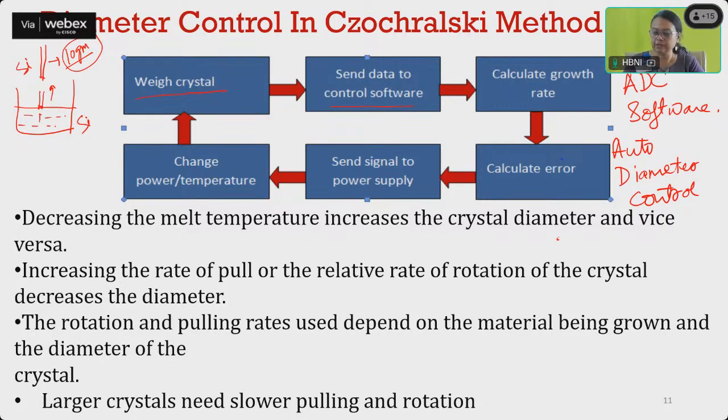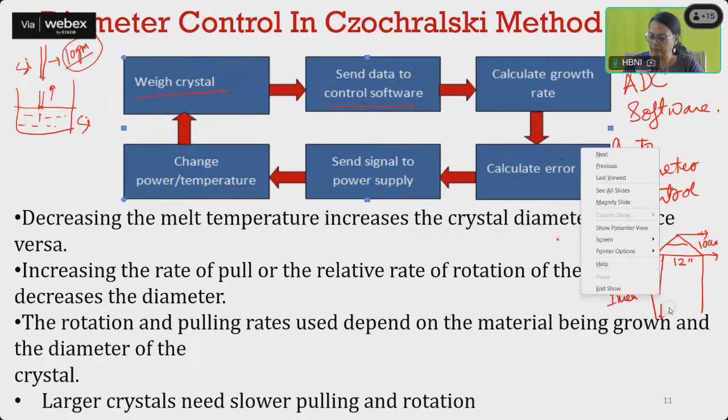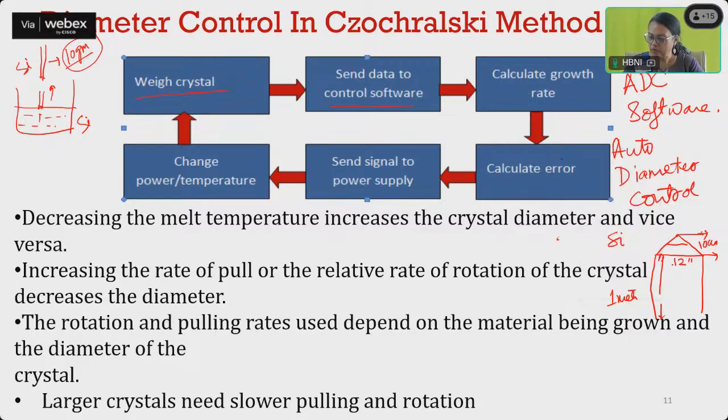Initially, when we are going to start the growth, we tell the software that I want to grow so and so crystal, like I want to grow a silicon crystal which should have a shoulder region, say this to this is 10 centimeter. And here the diameter is say 12 inch. Then there will be 1 meter length of 12 inch, and then I will be terminating.